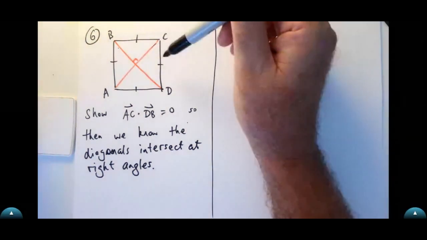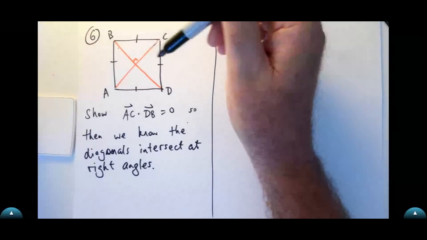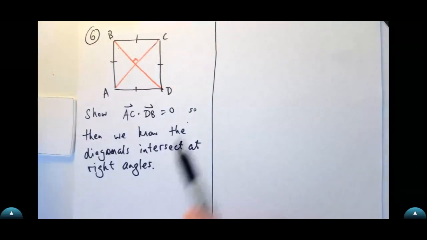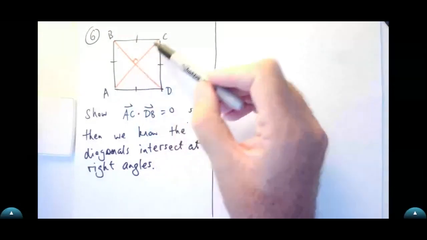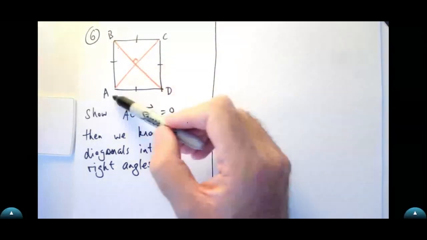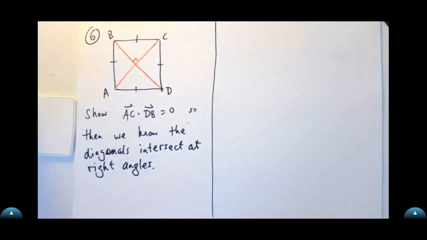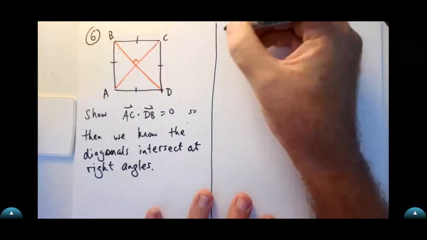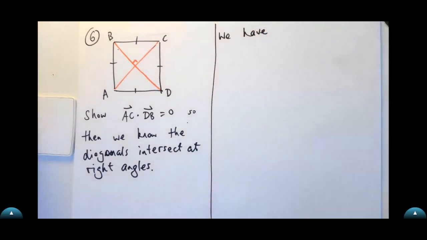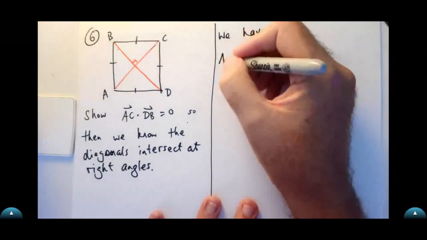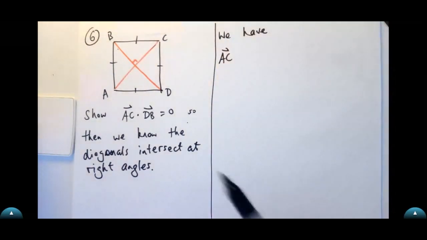Okay, all right. So what we're going to do here is use the triangle rule of addition. We're going to express the diagonals in terms of the vectors making up the sides of the square. Okay, so let's look at AC.